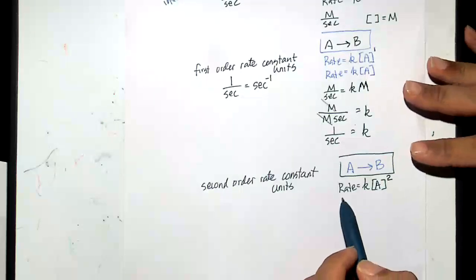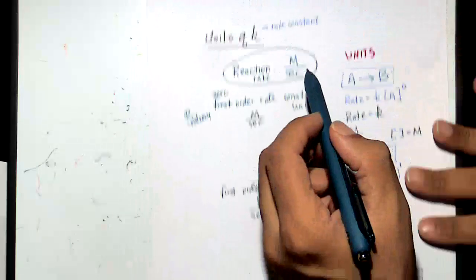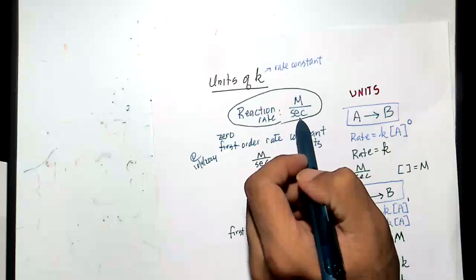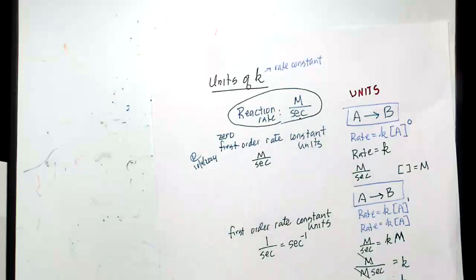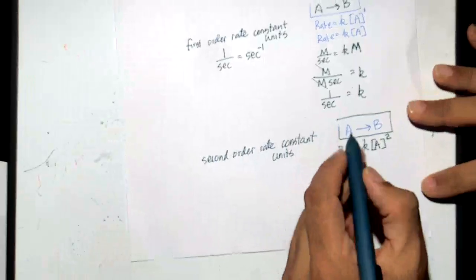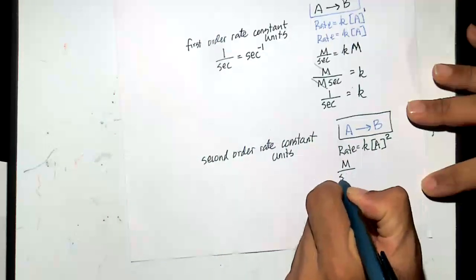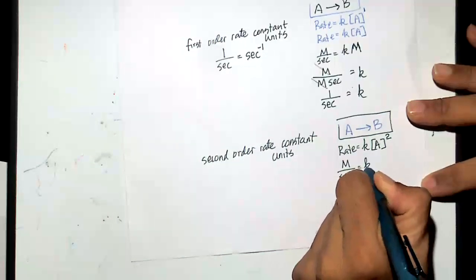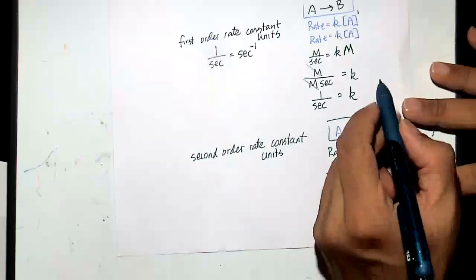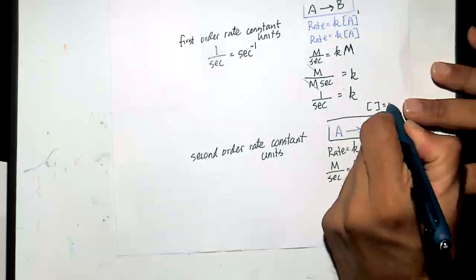So what are the units of the reaction rate in general? How fast a reaction occurs is how much concentration over time is getting converted to product. So molarity over seconds equals rate constant K. What are the units of this concentration?